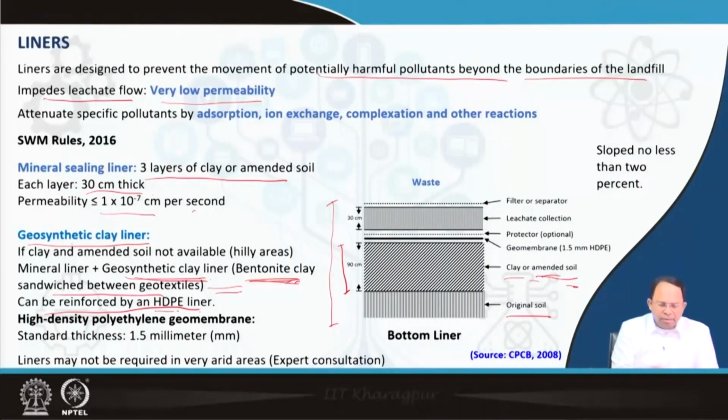So HDPE liner is also utilized. HDPE is a high density polyethylene plastic layer. Along with soil, we can use this plastic layer, which definitely prevents movement of leachate below. This is a high density membrane, and the standard thickness is 1.5 millimeter. So this prevents water from going down in case the soil is not good enough, right?